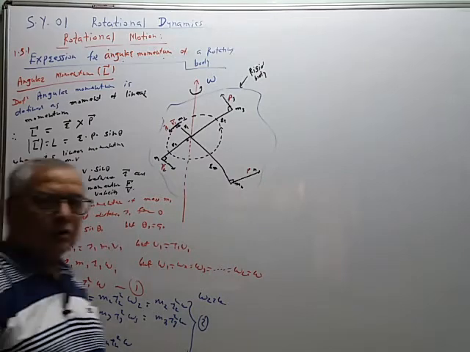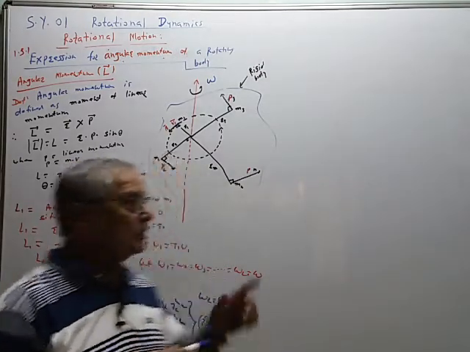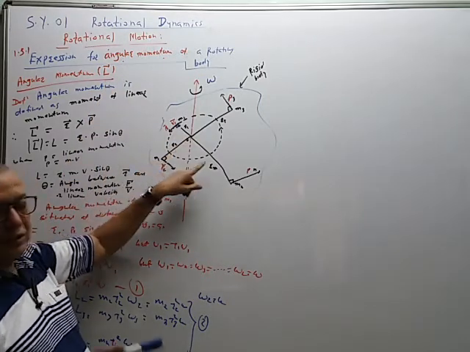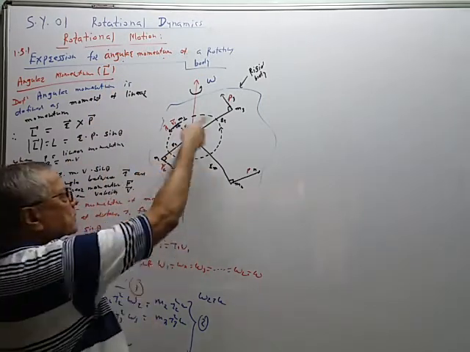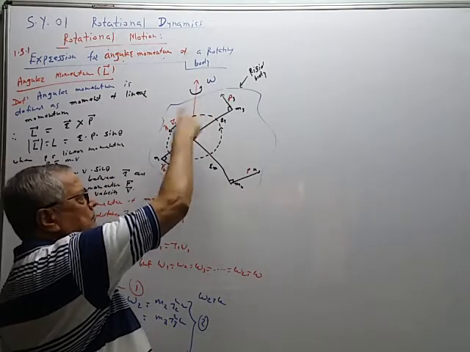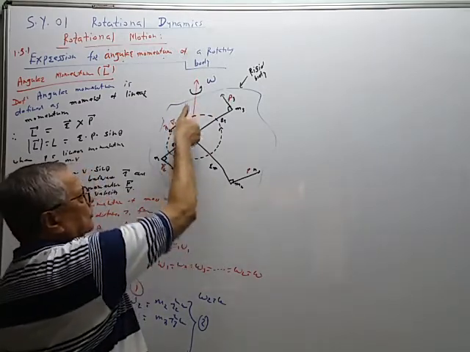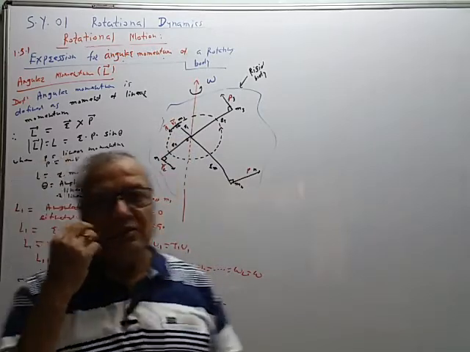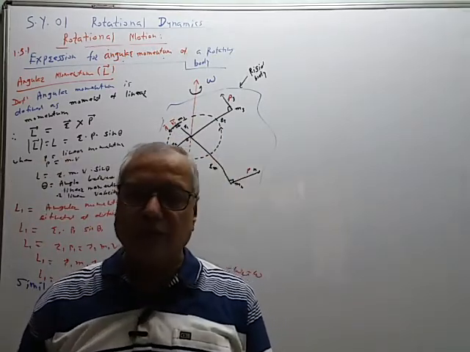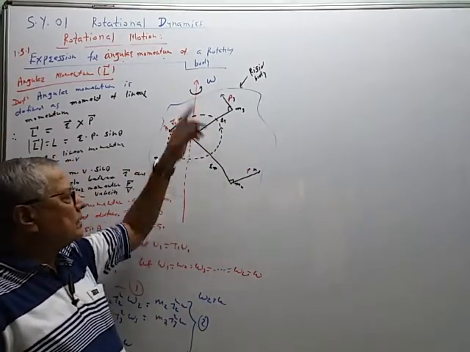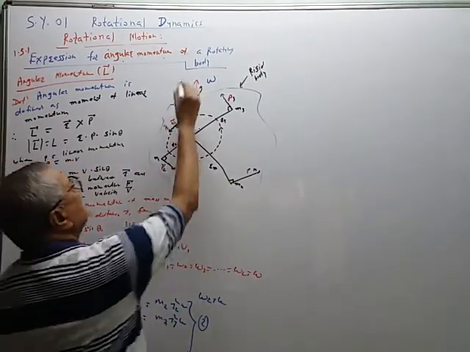Again, angular momentum is a vector quantity. So L1, L2, L3, L4, Ln, since all the particles are performing circular motion in the same direction, anticlockwise, all these vectors are in the same direction. L has also the same direction. So L is also in this direction.